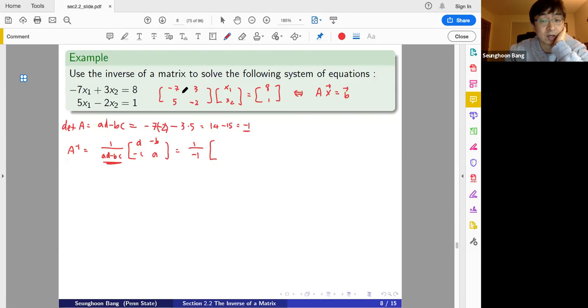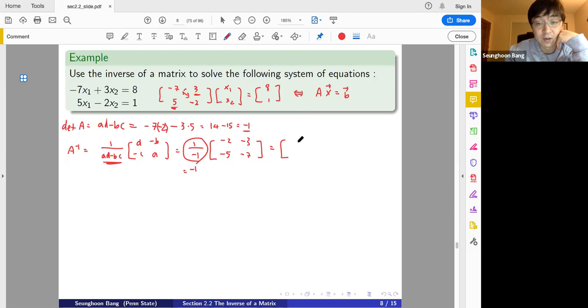Next, interchange the diagonal. We have -2, -7. Next, the 3 and 5, the other terms, you take a negative. The -1 times 3 is -3. 5 times -1 is -5. So you can distribute -1 to each entry.